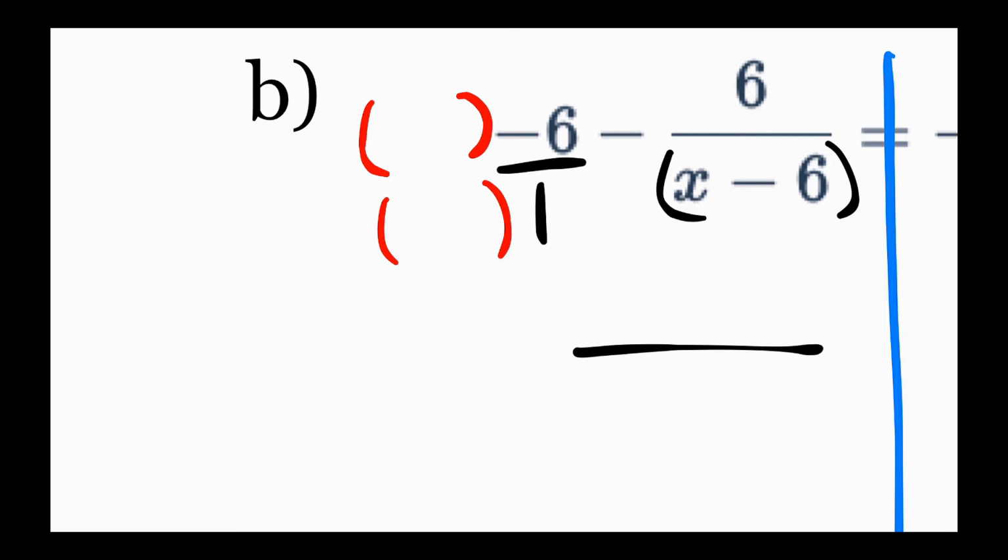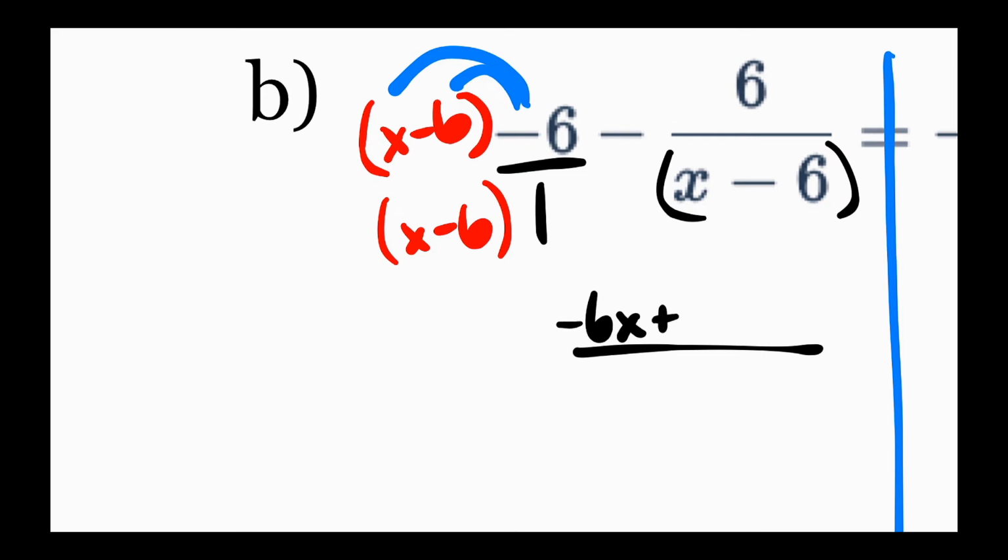And it needs an x minus 6, yep. Okay, so when I do that, I need to distribute my -6 here and my -6 there, because it was already there. So I get -6x plus 36.